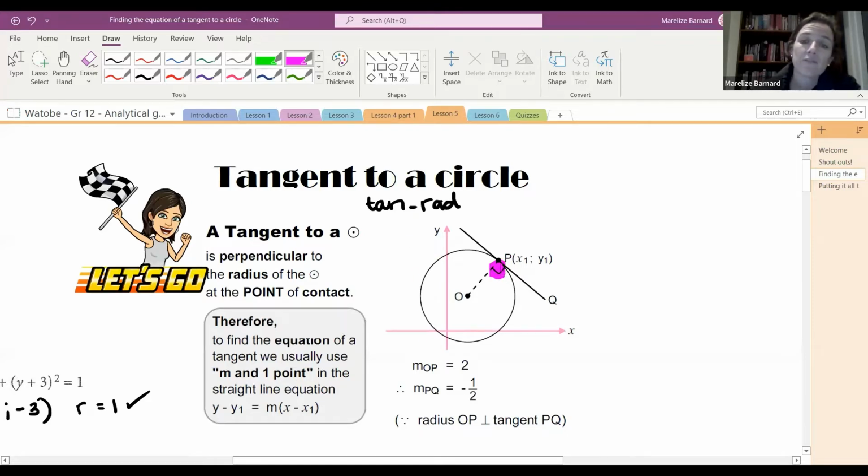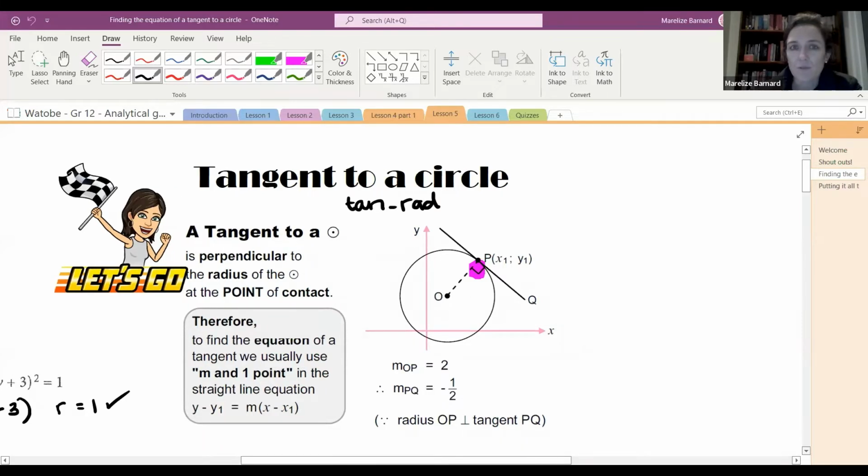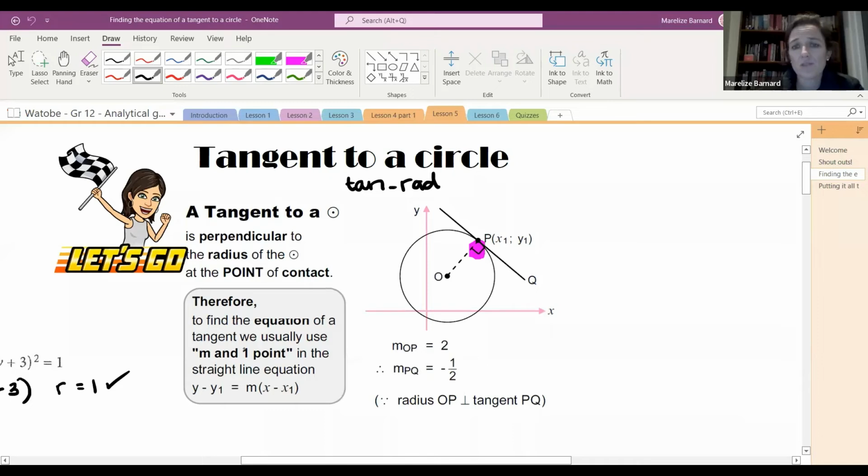Because if that is 90 degrees and the tangent is perpendicular to the radius, then we need to use our knowledge of perpendicular lines and their gradients. And if you remember from what we did in the first lesson or so, at the start of this course, we said that if lines are perpendicular, then the gradient of the one line times the gradient of the other line, so M1 times M2, must give me -1.